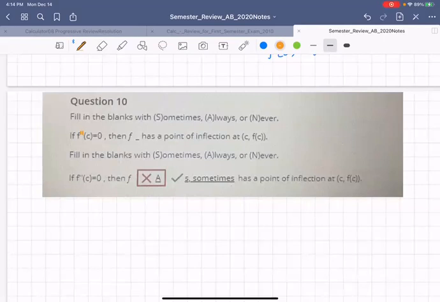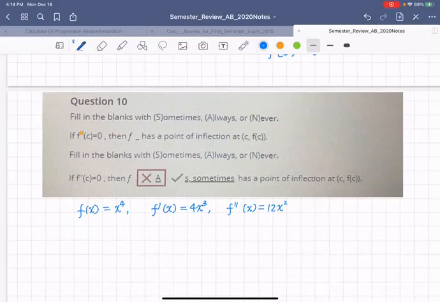let's see here. For example, f(x) equals x to the power 4, right? Oh, this one. First derivative is 4x cubed. Second derivative is 12x squared.